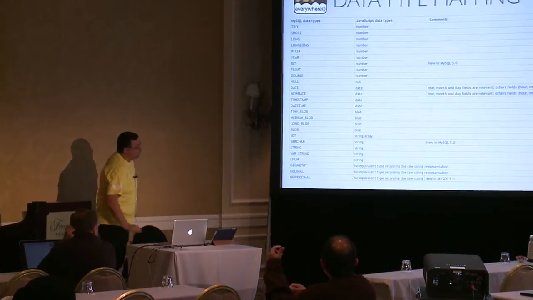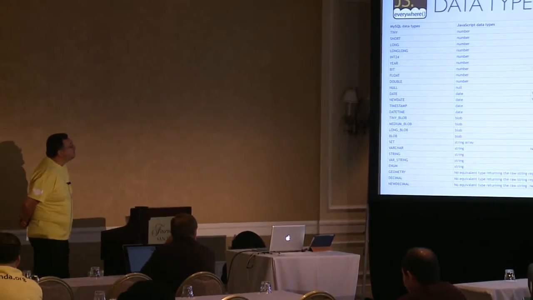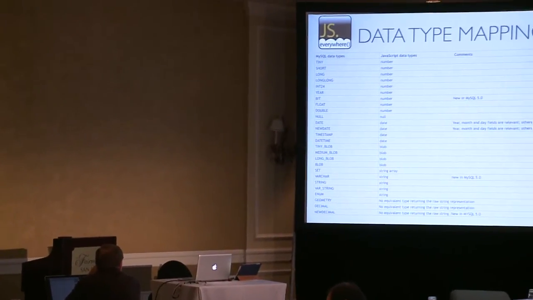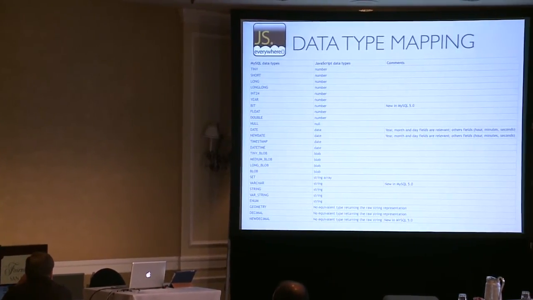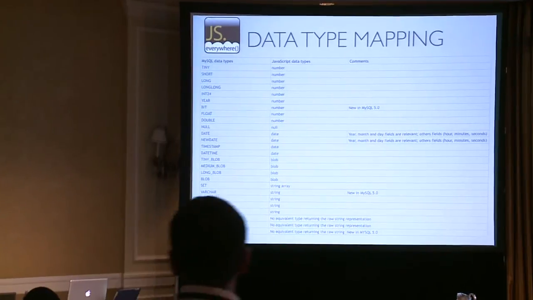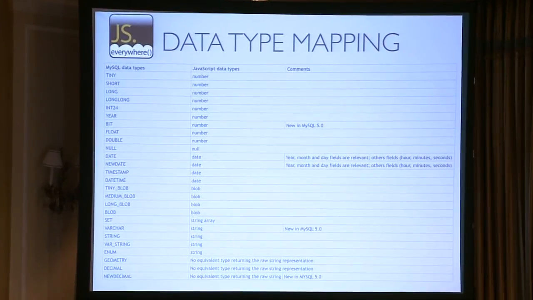Before I go to the demos and the rest of things, this is something from the documentation, so you can get a general picture of the mappings. As you can see, almost everything is supported, but there are some limitations.